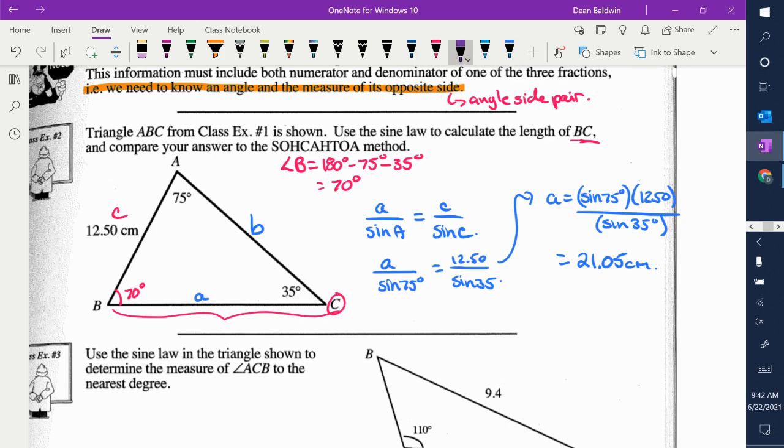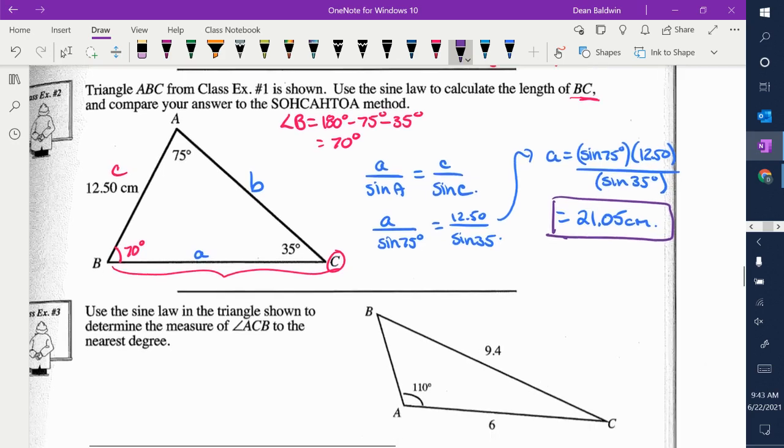What did we get? Sorry? 21.05? Boom. Everybody get that? Yeah? Good job, Max.